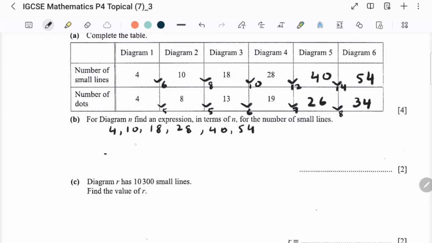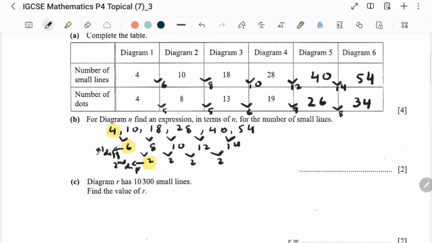It's a quadratic sequence. Whenever you see the difference there, we have already found that it is 6, 8, 10, 12, 14, and in the last you will get the same difference. So it's a quadratic sequence. So for a quadratic sequence, it's your second difference, first difference, and first term.